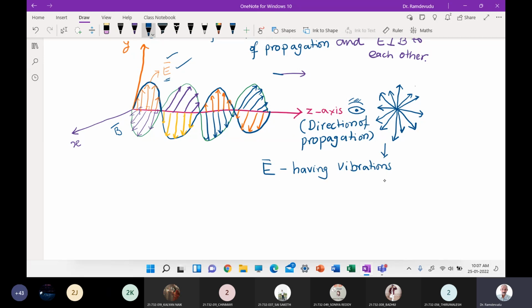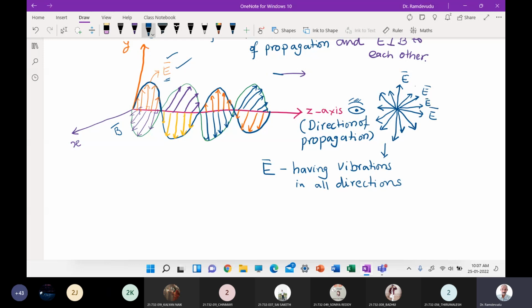So E vector has vibrations in all directions with respect to the direction of propagation. I have E vector in this direction, I have E vector in this direction, and everywhere I have an E vector like this. So if you find any direction from the direction of propagation, you can find an E vector there.